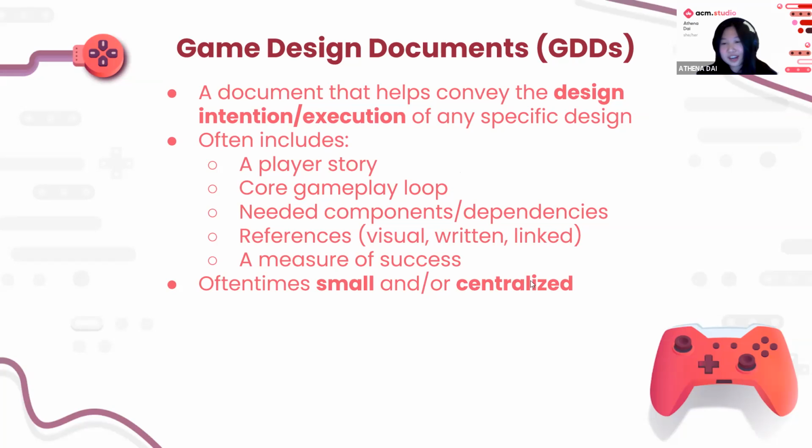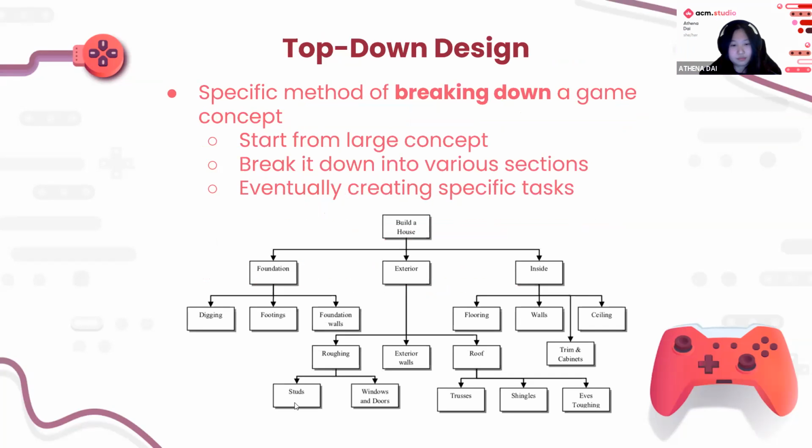Cool. Well, we're gonna move into some of the examples that we have. Again, not indicative of everything that exists, but could be helpful for how you want to work on your games. Essentially, some ways for us to approach design and apply them. The first one that we have is top-down design, which is a pretty specific method of breaking down a game concept.